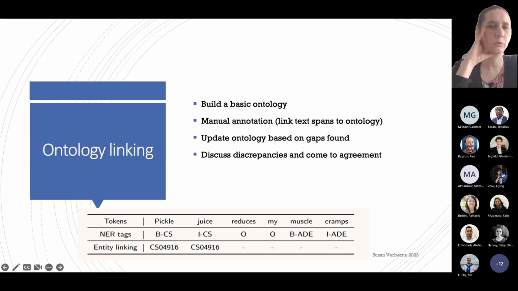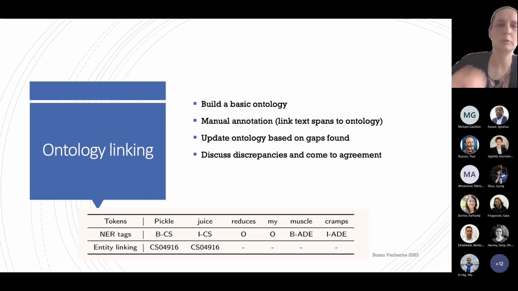So this ontology actually was built on the basis of existing ontologies, of course. So we got parts from UMLS, parts from SNOMED, and other sources. We filtered them for many different criteria, and then we compiled those together, and we gave everything a number, and that was the ontology we worked with.